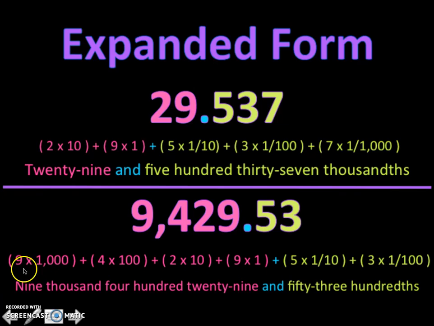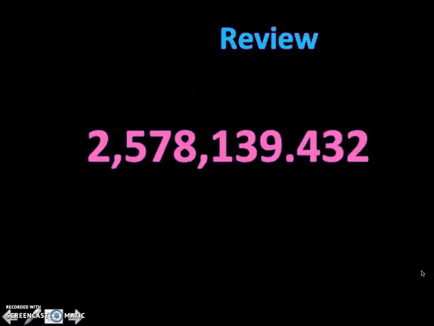If you were to solve this, 9 times 1,000 equals 9,000, the value of the 9. 4 times 100 equals 400, the value of the 4. After the decimal place, you would switch to fractions. 5 times 1/10 plus 3 times 1/100.